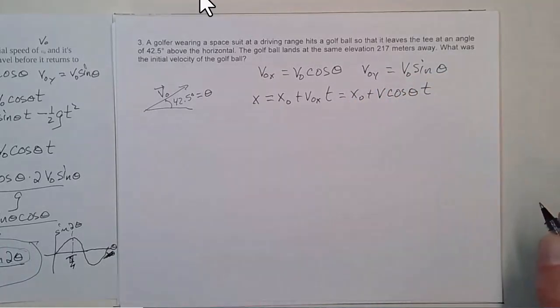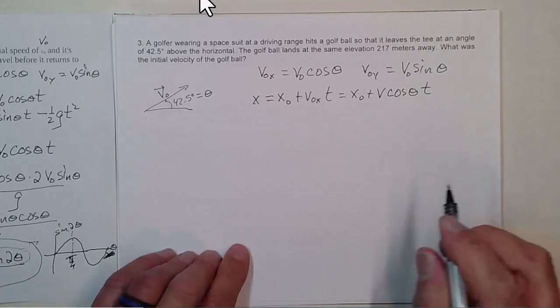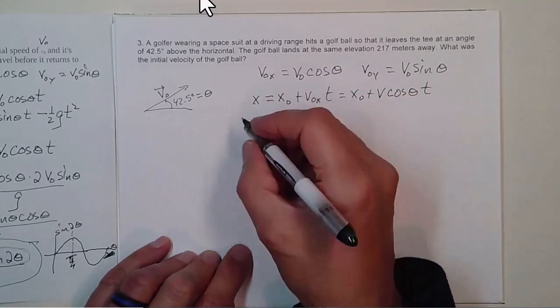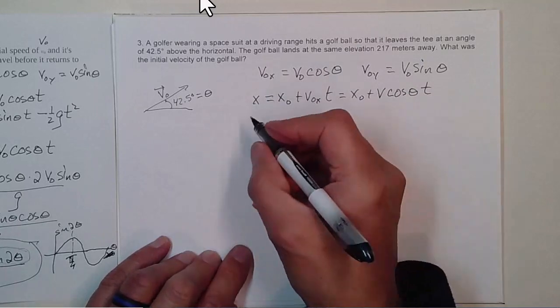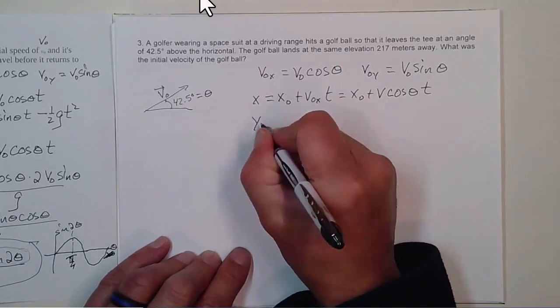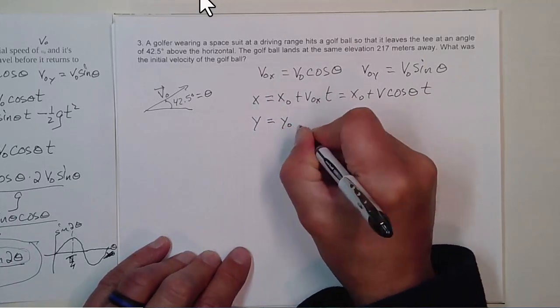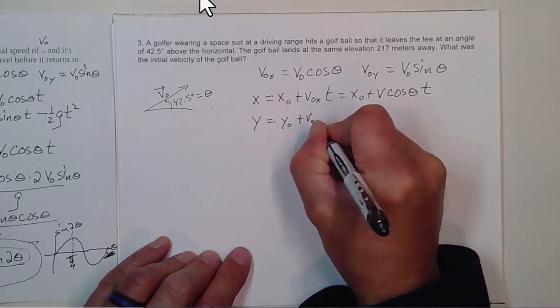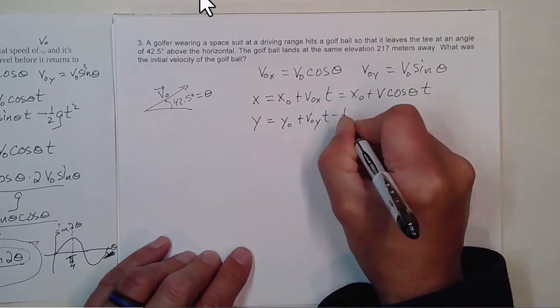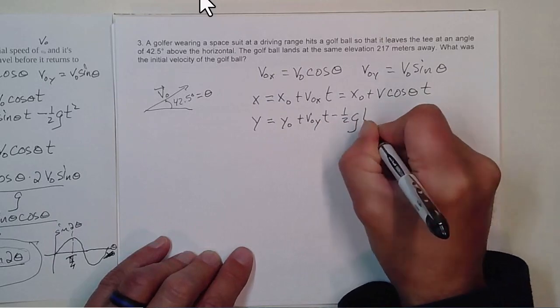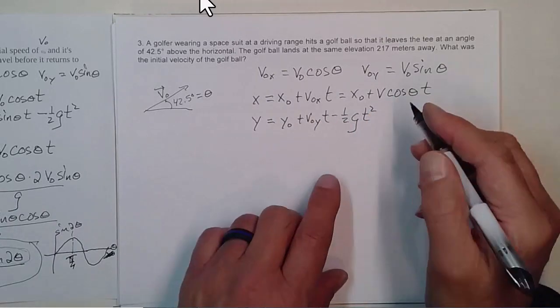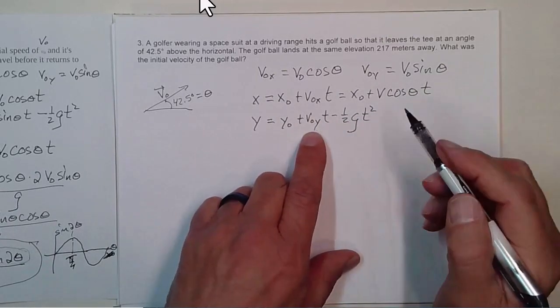We've got that other complicated thing for y, but we probably won't even need to consider that on this problem. y will equal y naught plus v naught y t minus 1/2 g t squared, where we could plug in v naught sine theta for v naught y.